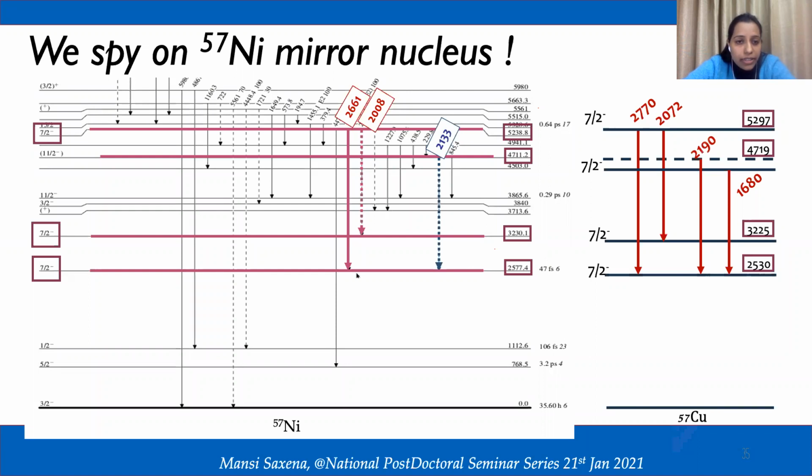These de-exciting gamma rays at 2.6 MeV and 2.0 MeV are similar to the de-exciting gamma rays which we have seen in copper-57. Though we are currently limited by the extent of the experimental data available, we can still satisfy ourselves by the striking similarities in the gamma ray transitions we see from the de-excitation of the isobaric analog state in both nuclei.